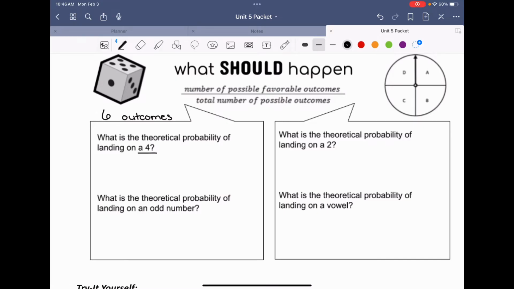Well, on the dice, there's only 1 four. So I want to write a probability sentence, which looks like this. I'm going to put P in parentheses, what they're asking me, probability of 4 equals the number of specific outcomes divided by my total outcomes.